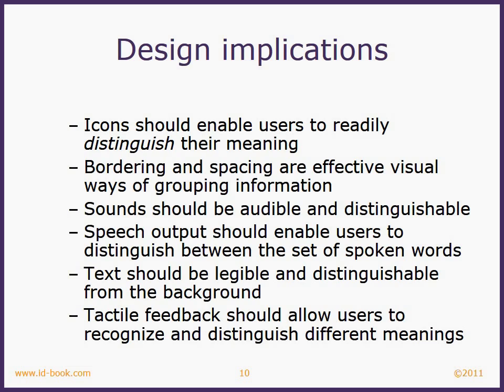And speech output should enable the user to distinguish between the set of spoken words. Text should be legible, and tactile feedback should also allow users to recognize and distinguish different meanings.